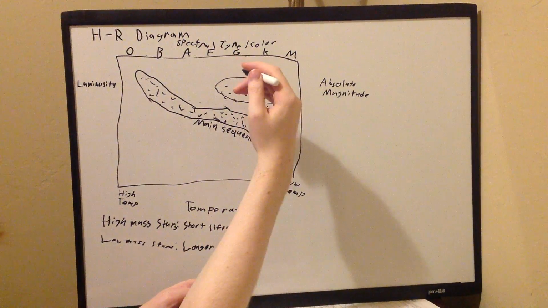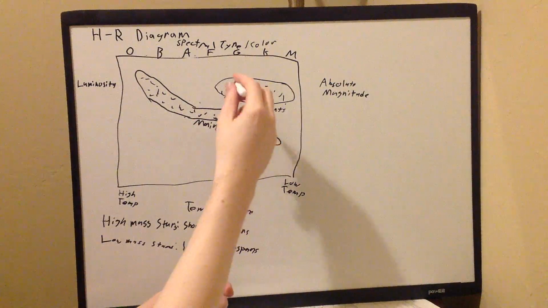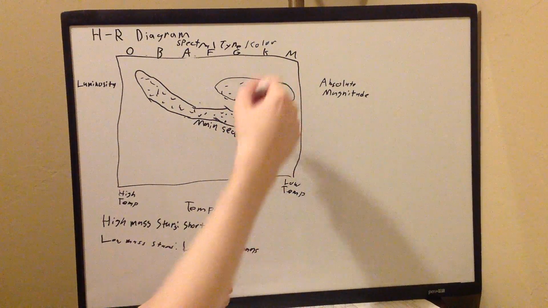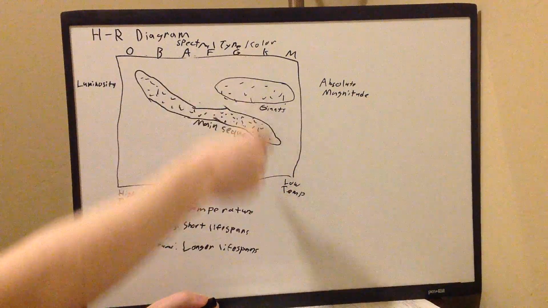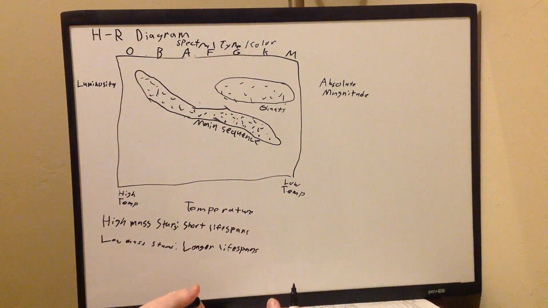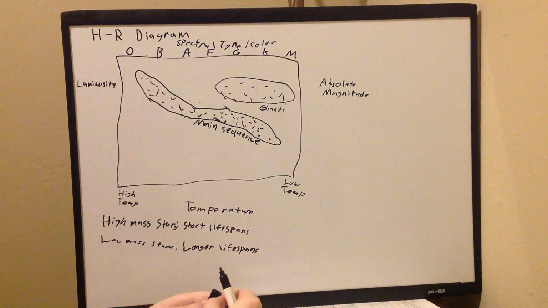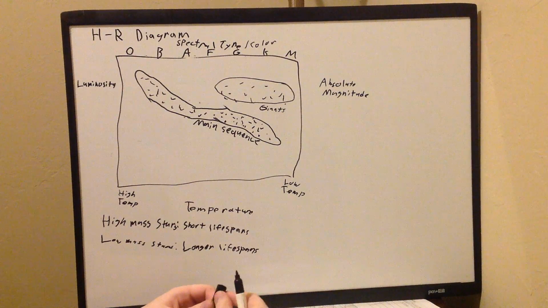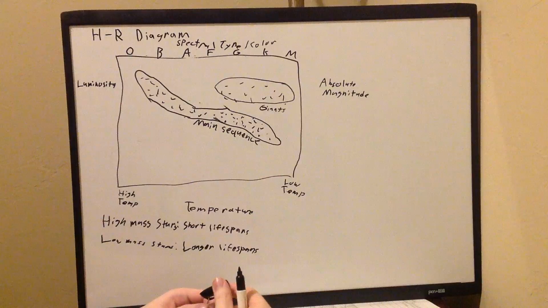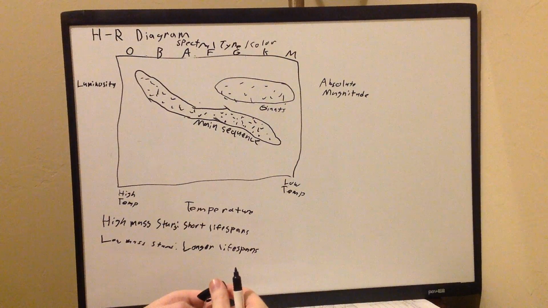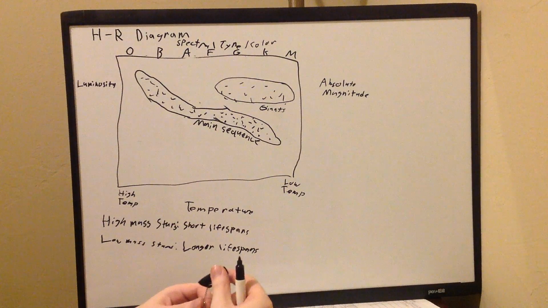They're brighter than the main sequence stars of similar spectral types like Ks and Ms. But they have about the same temperature, which is kind of a different thing, but basically they're brighter because they have the same temperature but a bigger area to radiate that energy off of. So they end up being brighter as a result.